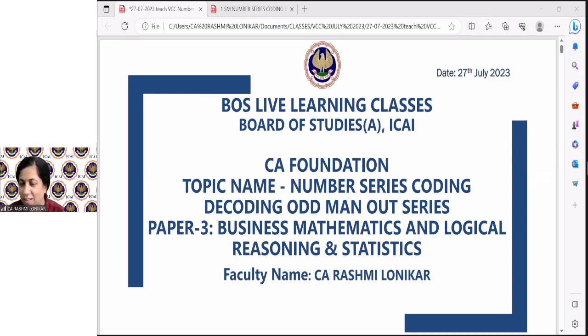So let us try to code and decode the number series problems that we get. In the first few pages in the study module, they have given different types and categories, so you can read from there.